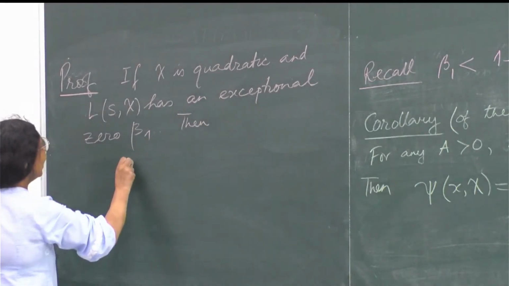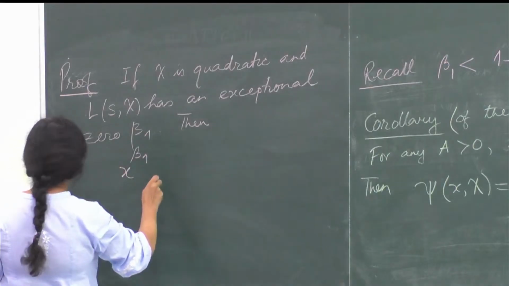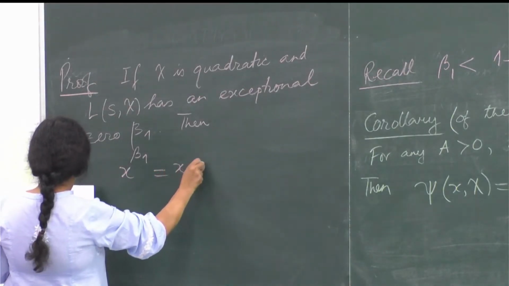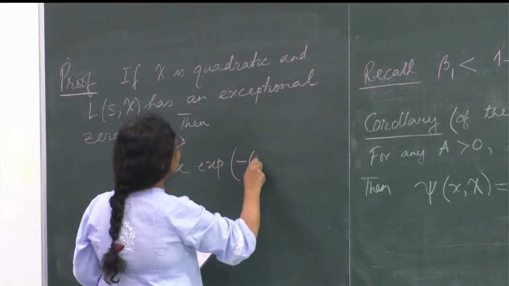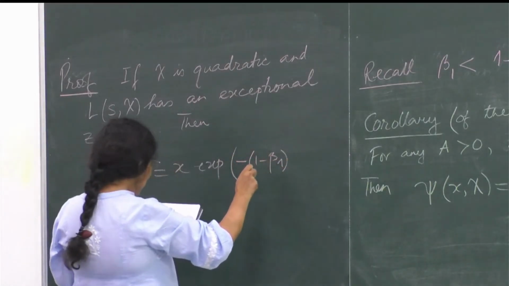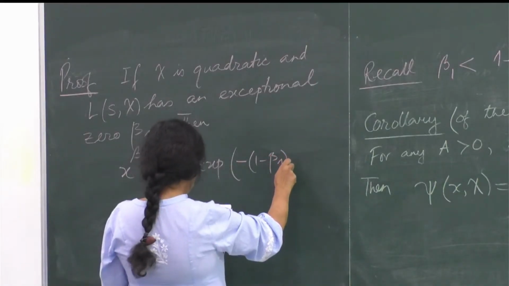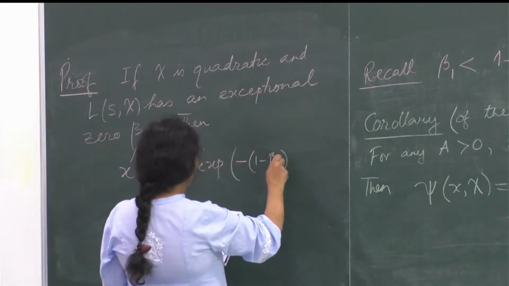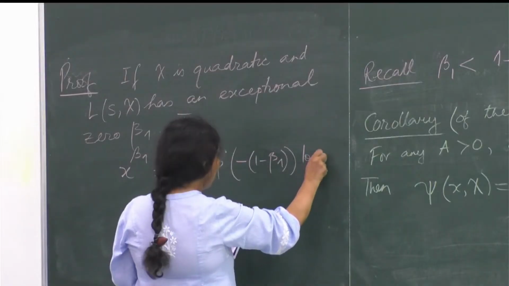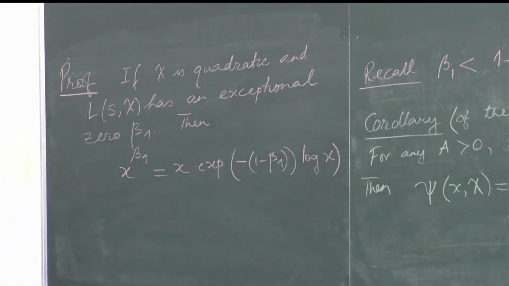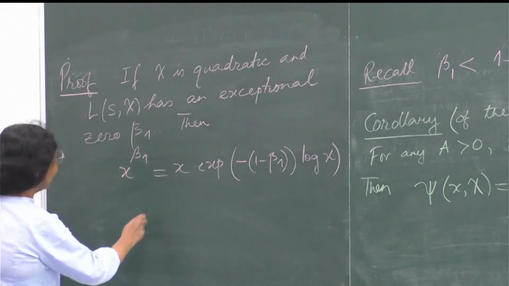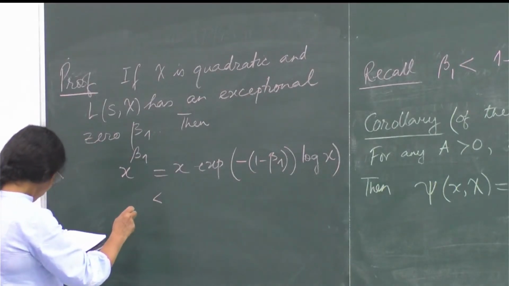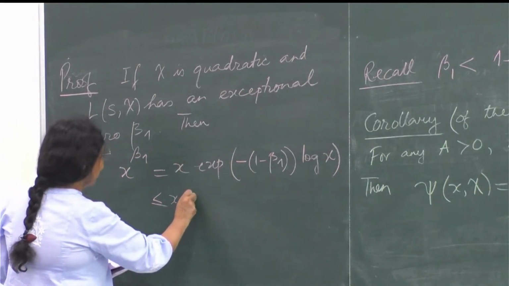X to the power beta 1 is equal to x exponential minus (1 minus beta 1) log of x, which is less than or equal to x.